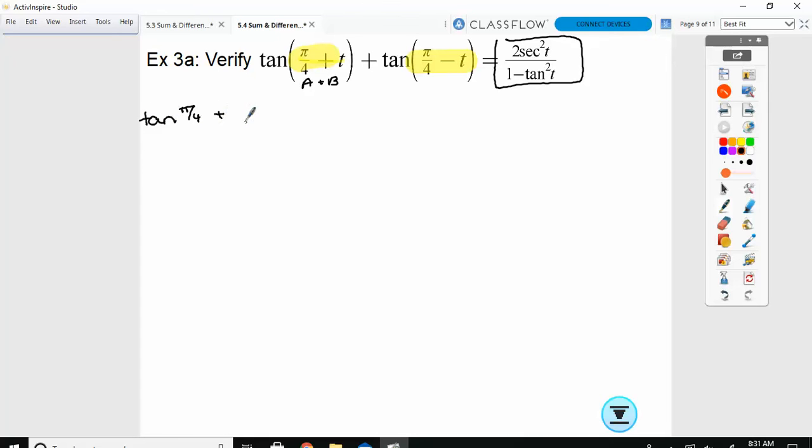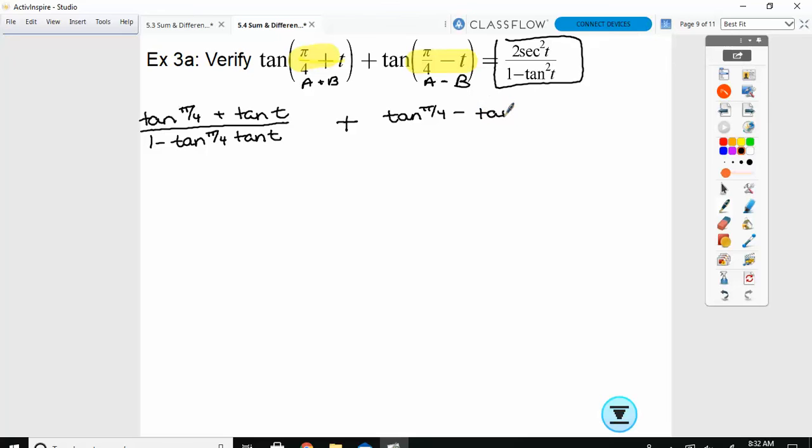So that formula is tangent of A plus tangent of B over 1 minus tangent of A times the tangent of B. Plus, this is the tangent of A minus B formula.